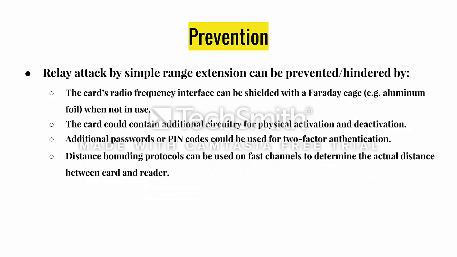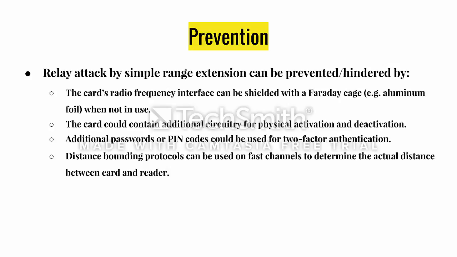But there are ways to prevent or hinder relay attack by simple range extension. Let's go through them one by one. First, the card's radio frequency interface can be shielded with a Faraday cage, for example aluminum foil, when not in use.